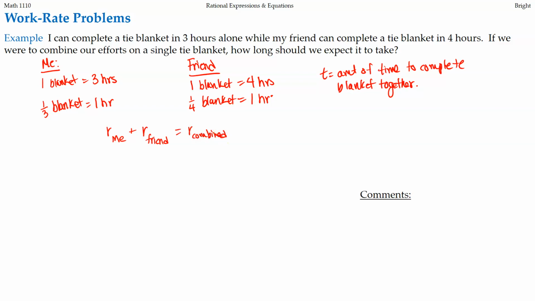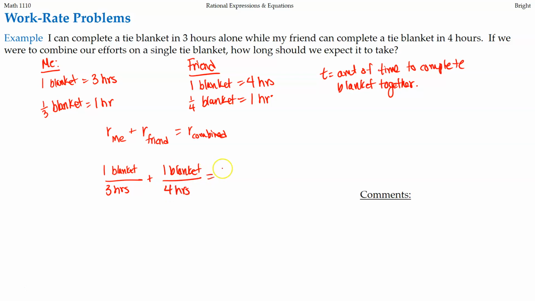So what I know is that, and this is where units might also help, my rate of working is 1 blanket per 3 hours. And similarly, my friend is going to produce 1 blanket every 4 hours.